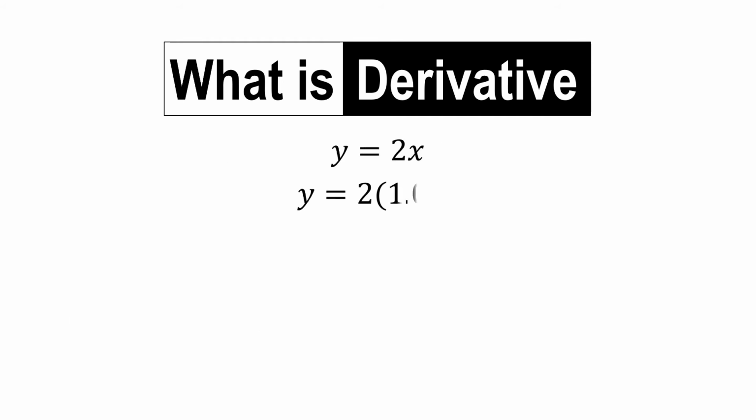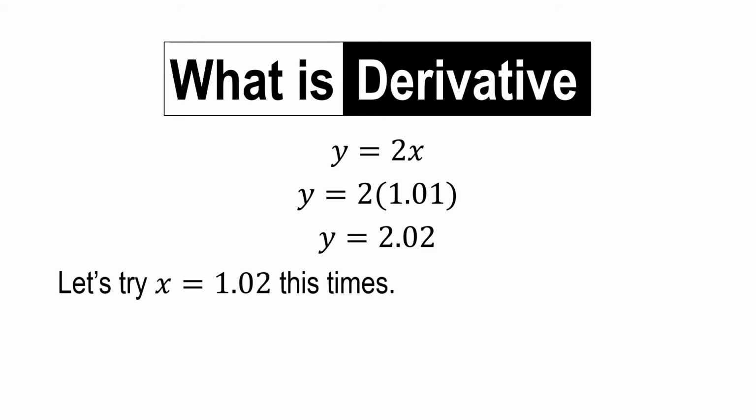That is, put x is equal to 1.01 in the equation y is equal to 2x and get corresponding value of y. y is equal to 2 into 1.01. y is equal to 2.02.